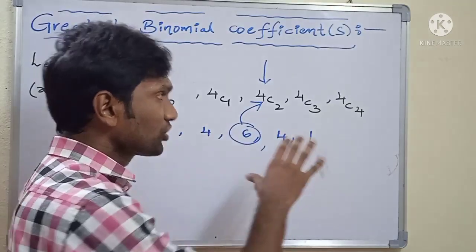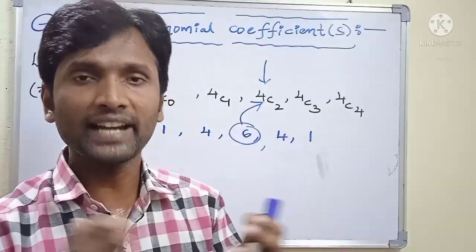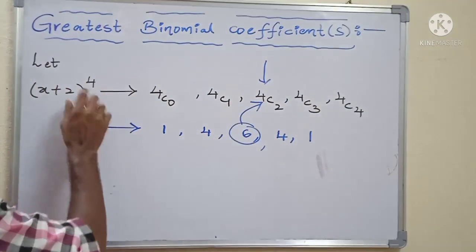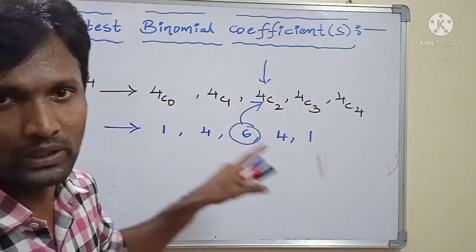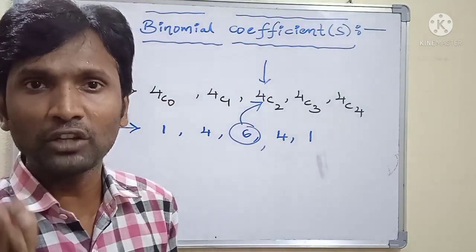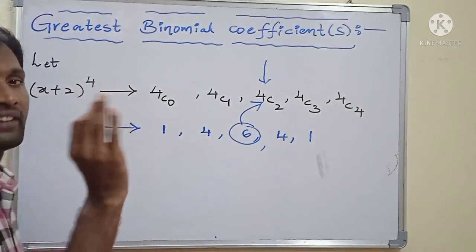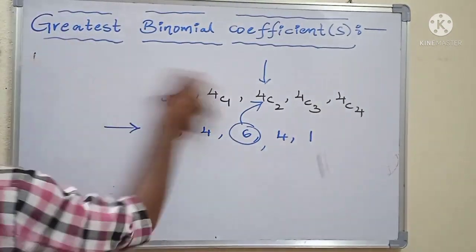So this is the general method to identify the greatest binomial coefficient of the expansion when n is an even integer. Without applying this process, there is a direct formula to identify the greatest binomial coefficient when n is an even integer.